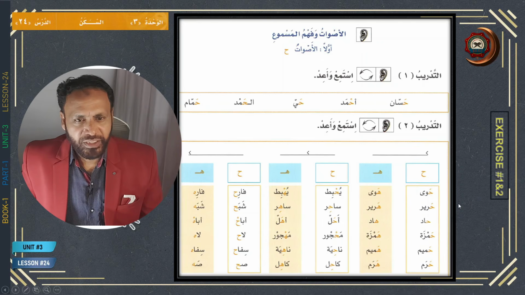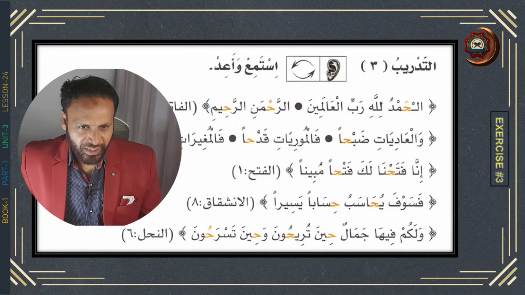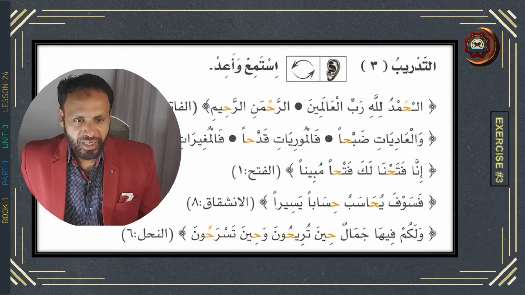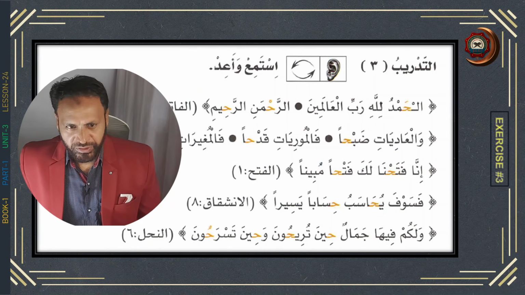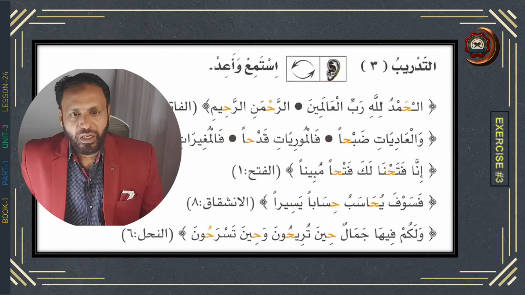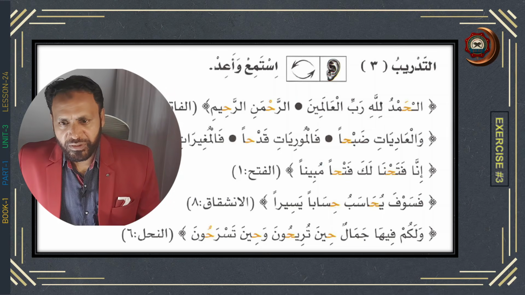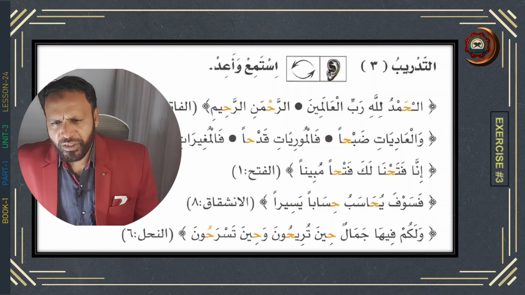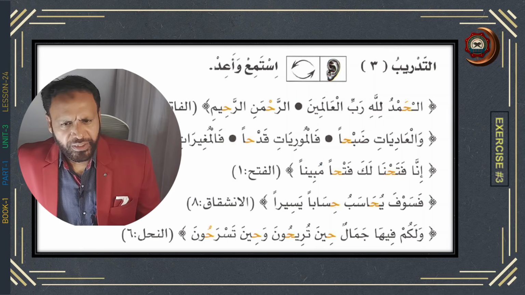To really see the correct pronunciation, you can listen to audio, which is nowadays available at your fingertips with different qaris. So you can practice the letter Ha there, how to pronounce it. Okay. We will go further here and complete this.